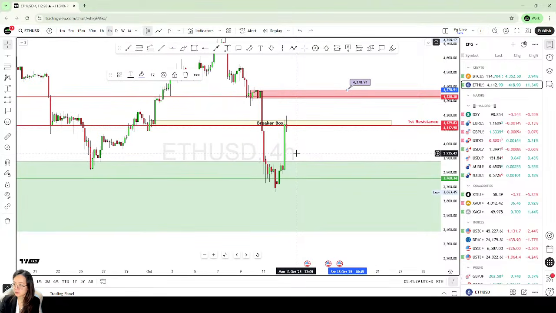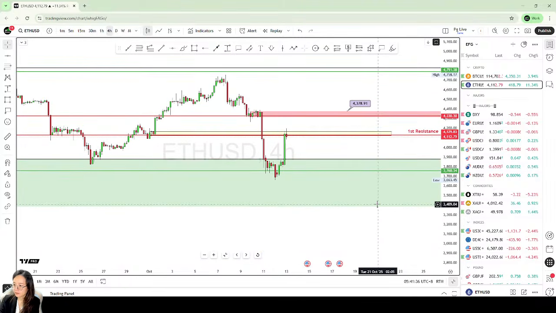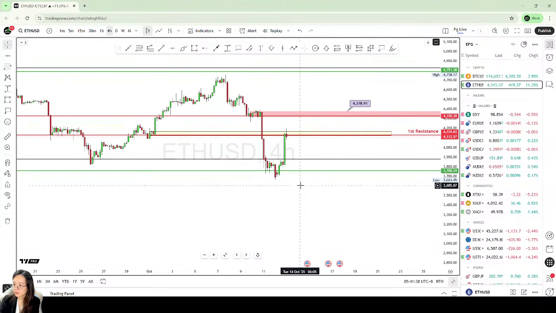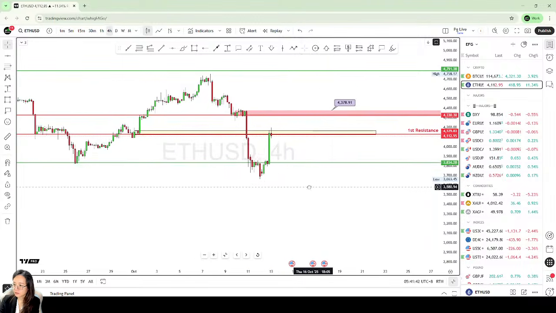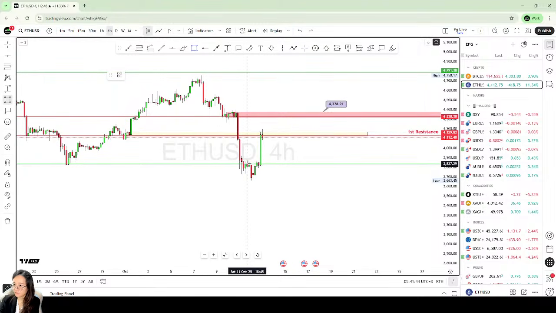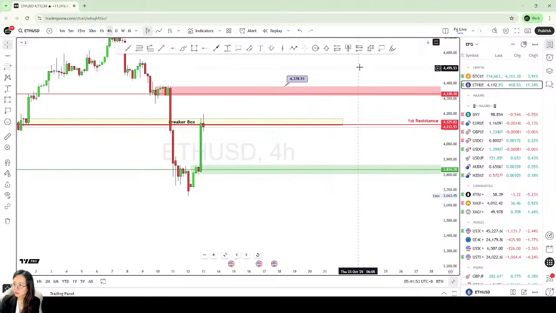Compute the price. Second support, first support here, over here, okay. The zones, this is going to be the zones.